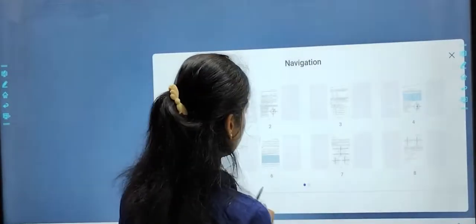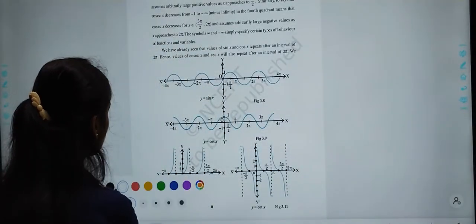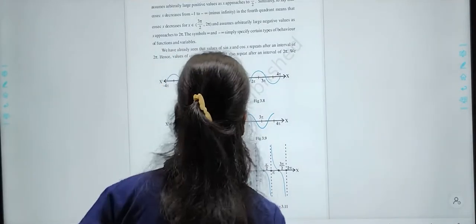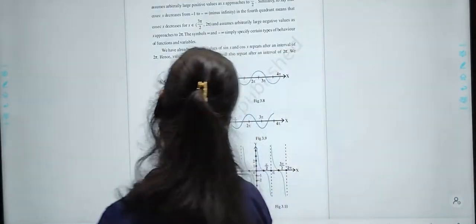You can see here, this is actually a sin theta graph, the sin x graph.